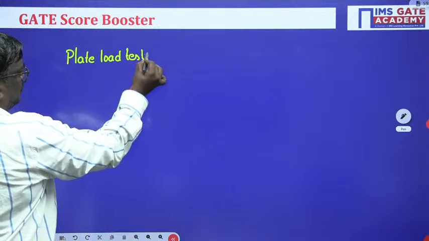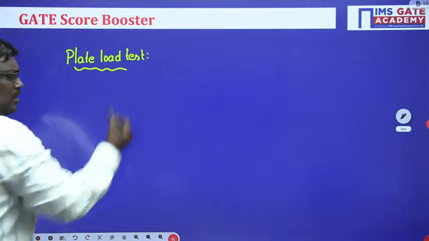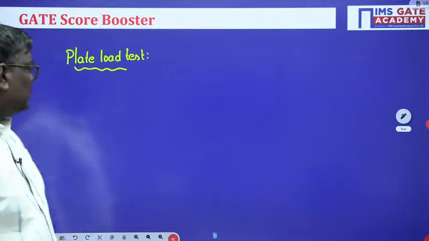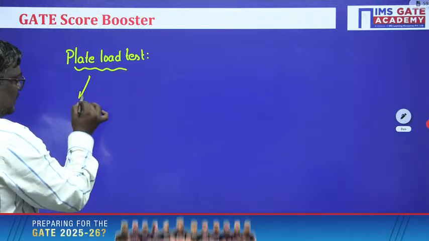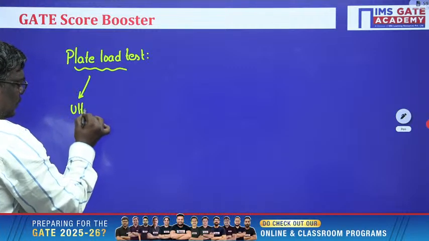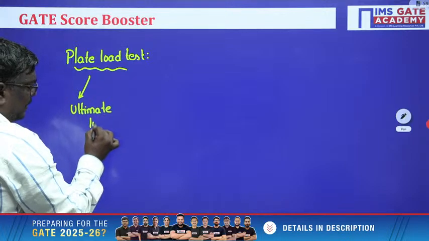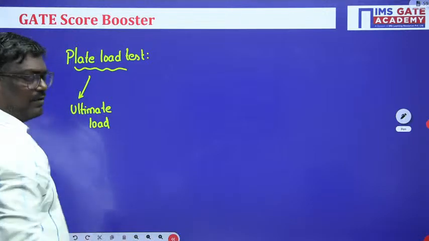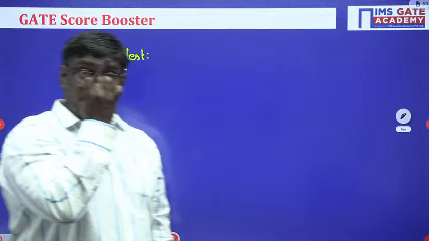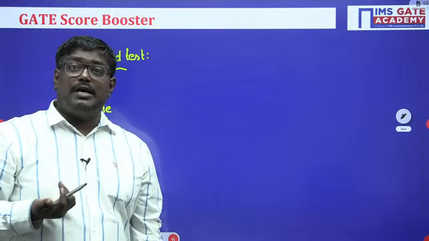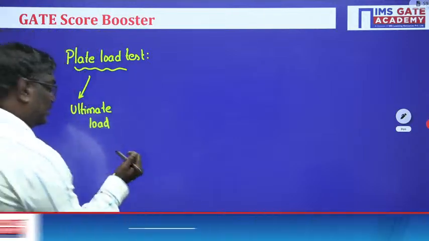Using the plate load test, you can find out the ultimate load. The load at which the plate starts sinking is taken as ultimate load. It is the point where the plate starts sinking.